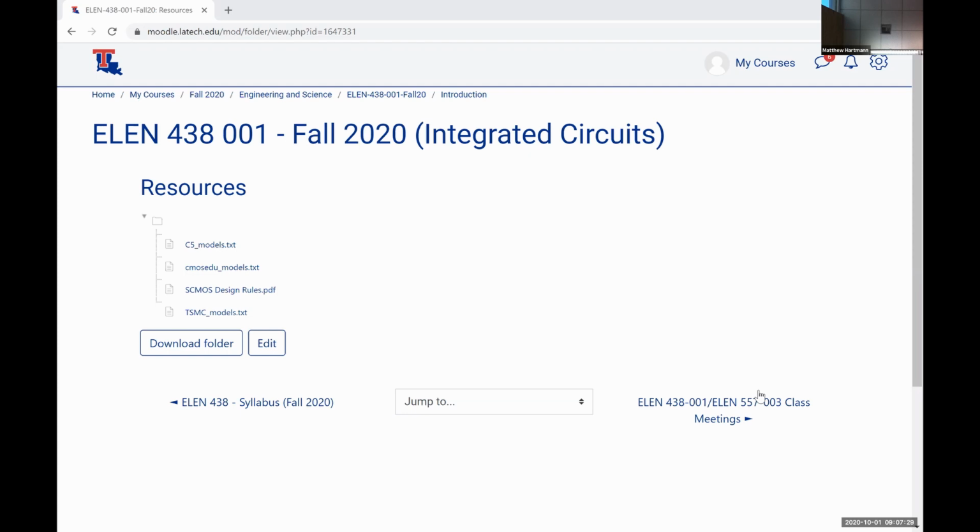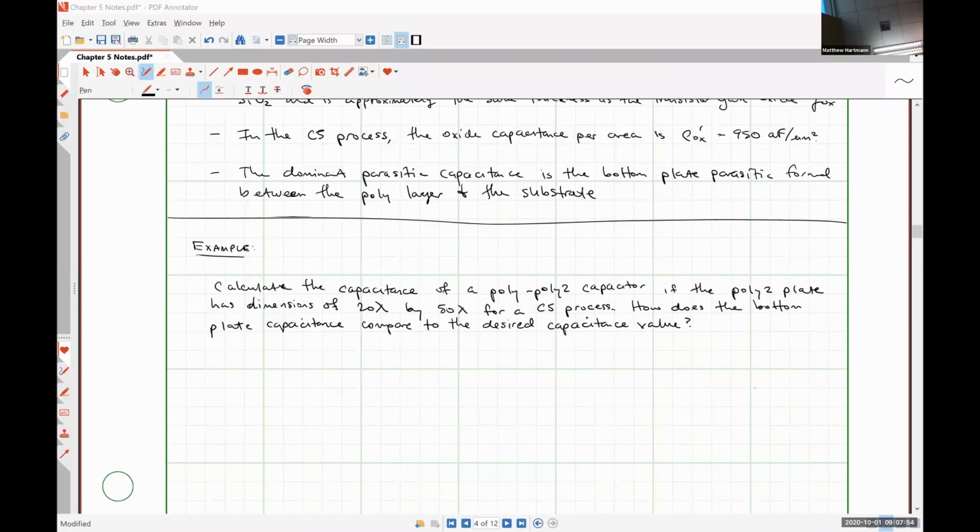We can see in the little figure down here that if our poly 2 plate is here, 11.3 tells us that we need to be 5 in this direction, and also 5 in the other directions as well. So from that, what are the dimensions of our poly 1 plate going to be?